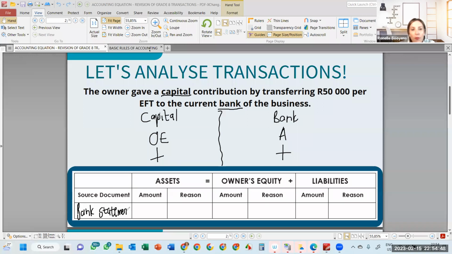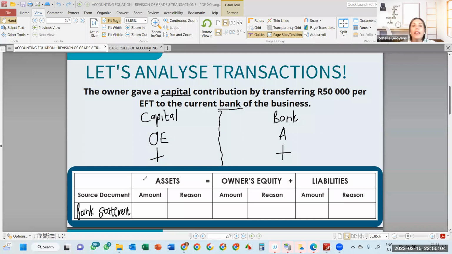We draw a statement from our bank account. Mostly nowadays it's done via the banking apps, or you go onto your internet banking profile, and there you can literally see that somebody has given the business 50,000 Rand. In this case, it is the owner.